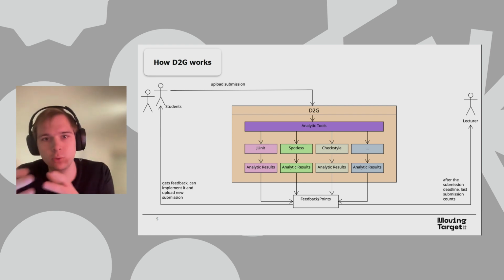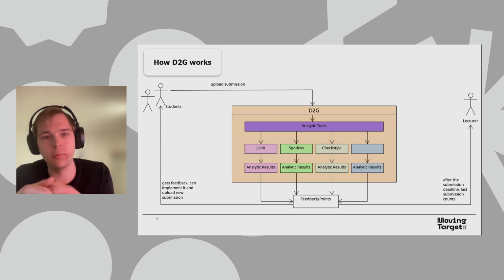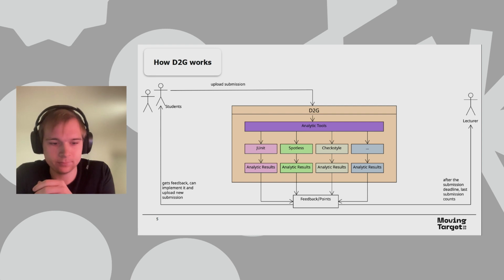So basically, does it run, and does it do what it should do? And with Checkstyle, we can analyze the code from a stylistic standpoint and so on. There are many analysis tools for many purposes. So it's a matter of finding the right ones for your purpose and then combining them correctly.